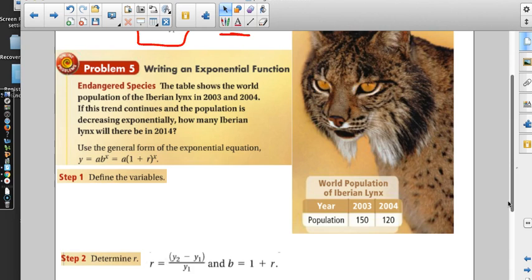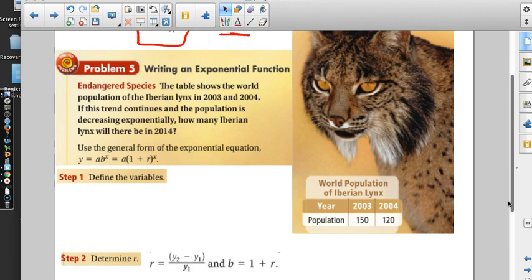And Spain and Portugal are packed full of people, so there's really nowhere for the Iberian lynx to go anymore. We want to figure out if this trend continues, which was bad news for the lynx, because look at this, 150. That's in the world. There were 150 of them. And then in 2004, 30 of them had died. So now they're down to 120. Very bad trend for the Iberian lynx.